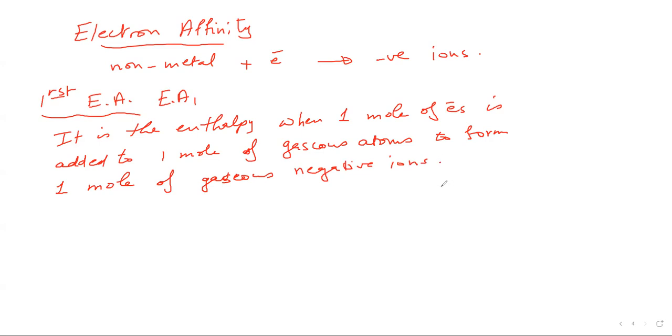Okay, so here, for example, when I have a chlorine atom in the gas state, it will gain an electron to form chloride ion in the gas state also. And here we see that the first electron affinity for this gaining of electrons will be minus 348 kilojoules per mole.